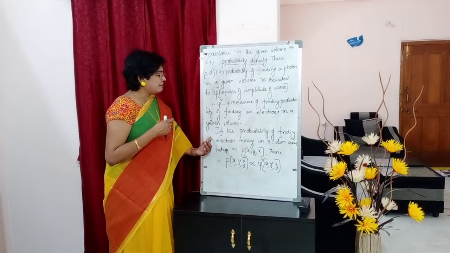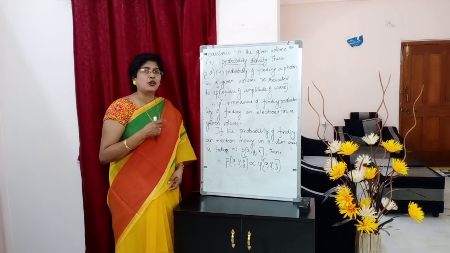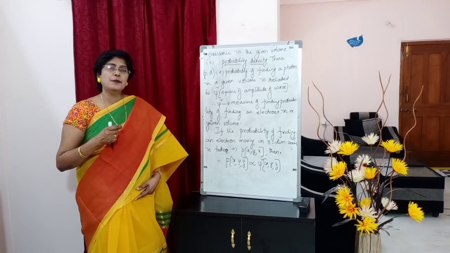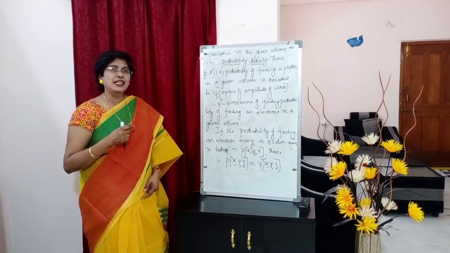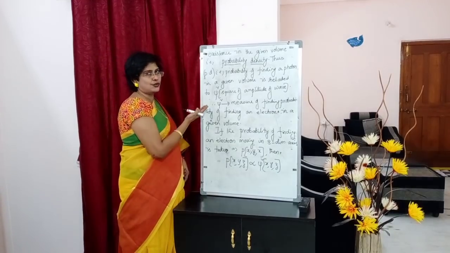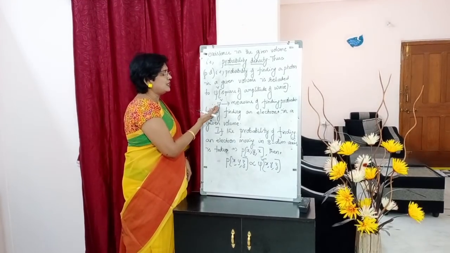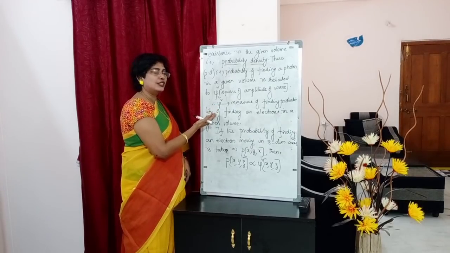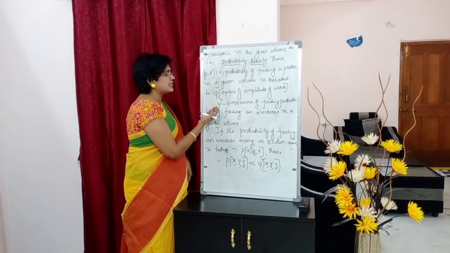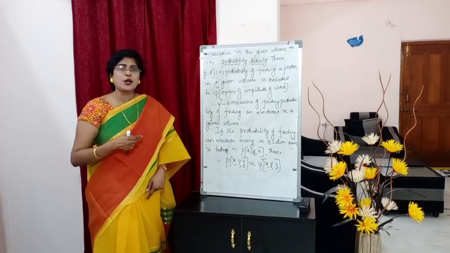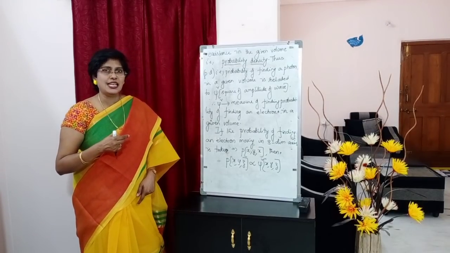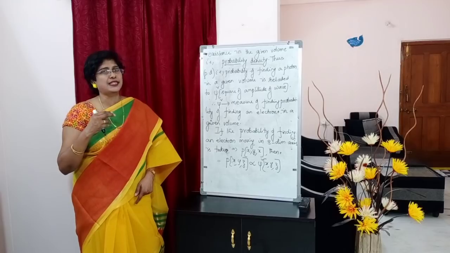Okay. Psi square is the measure of probability of finding an electron in a given volume. This is the basis, students, okay? So with this base we can conclude that we can use this psi square to know the probability of finding an electron in a given volume at a particular moment.